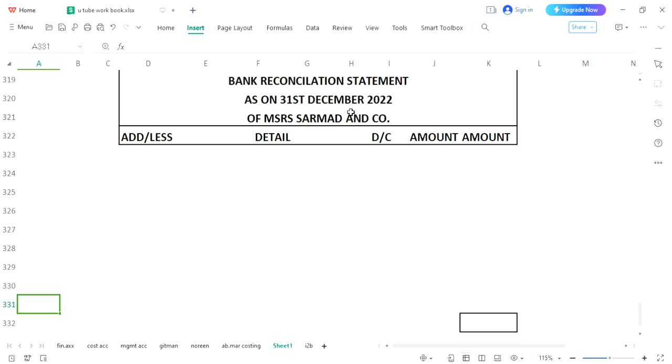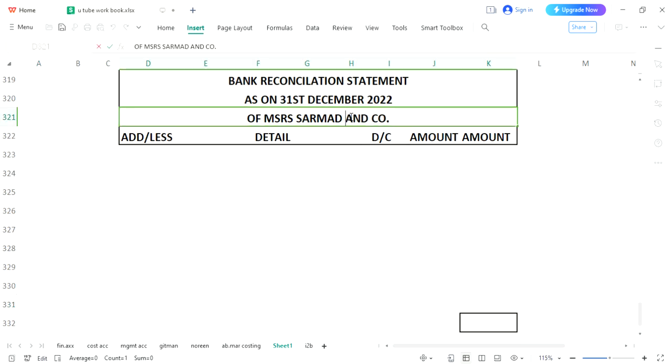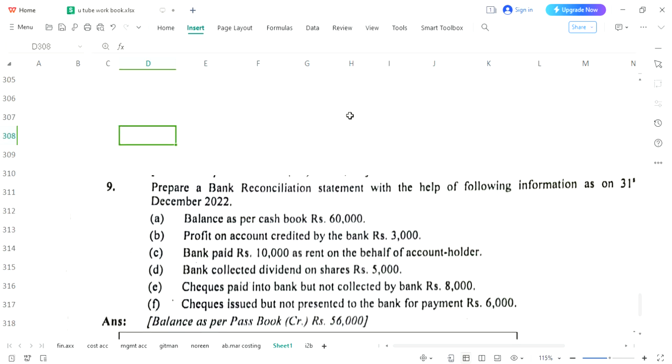So you may write ABC and company. Whenever the name of the organization is not mentioned, you may write ABC and company. In this way, the first part of mentioning the heading has been completed, and now let's see the question.